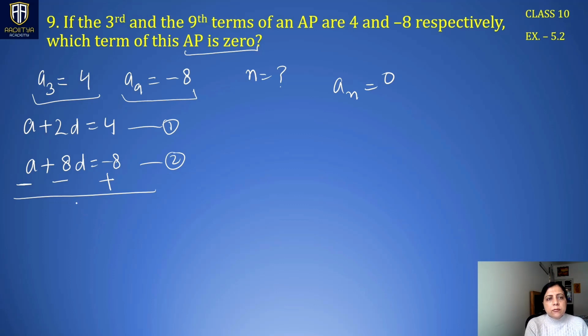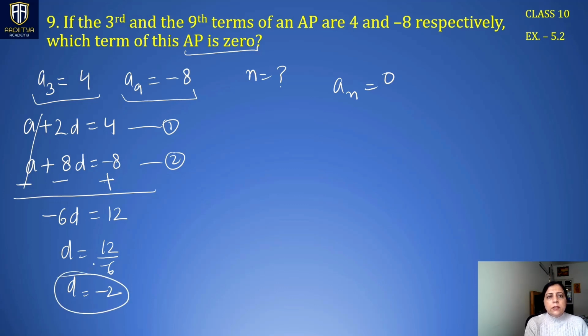So a minus a is 0, 2d minus 8d becomes -6d, and 4 plus 8 is equal to 12. So d comes out to be 12 divided by -6, d is -2.